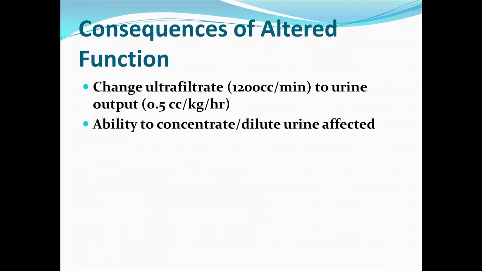So when we think about urine output, we think about, in an adult, 0.5 cc's per kilo per hour as our minimum, because that's what it's going to take to filter and then also excrete the solute load. If we have altered function in the glomerulus, we can't filter, and if we have tubular dysfunction, the ability to concentrate as well as dilute the urine is going to be affected.